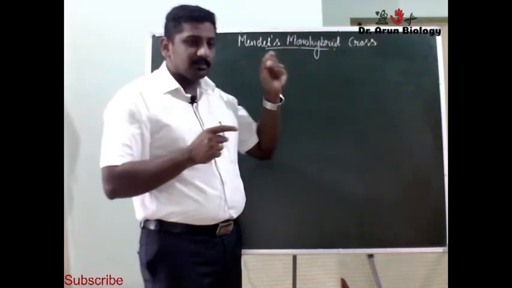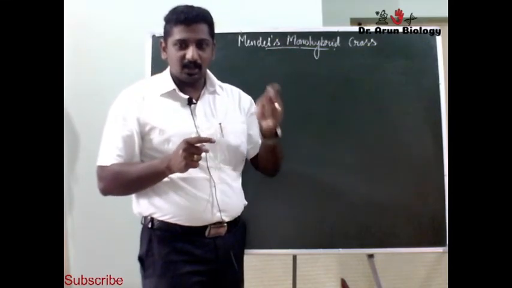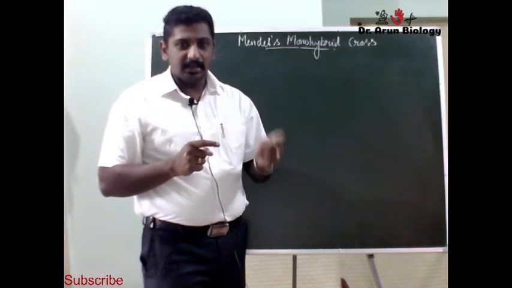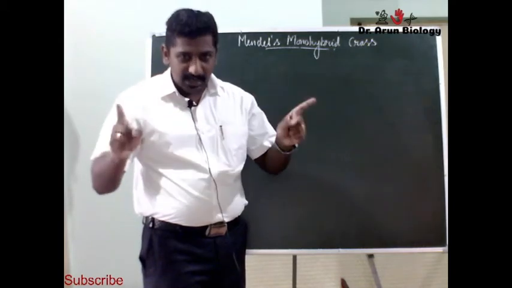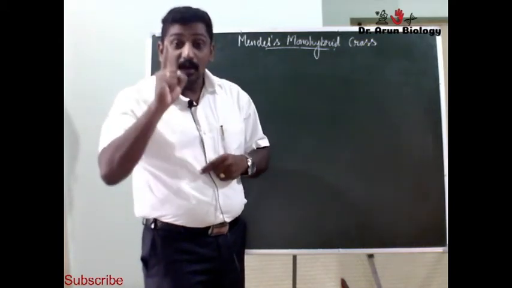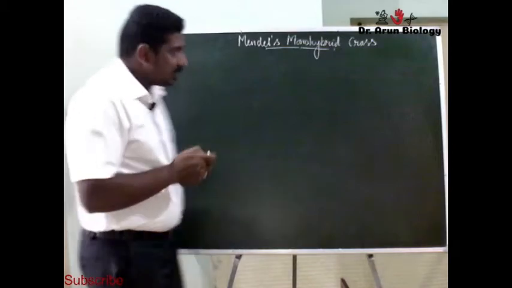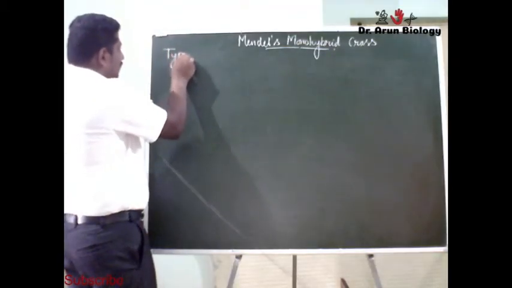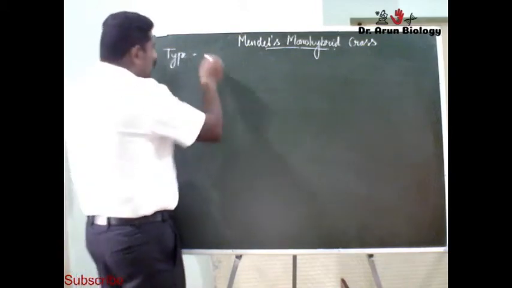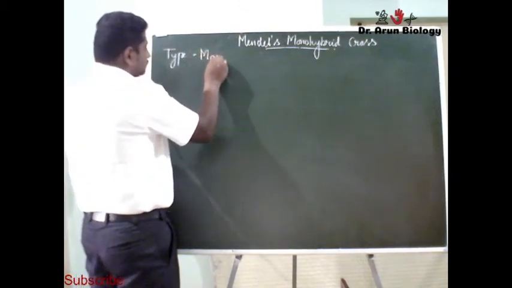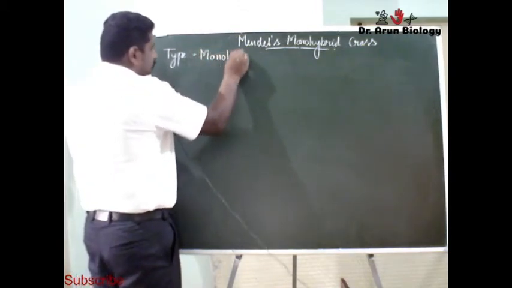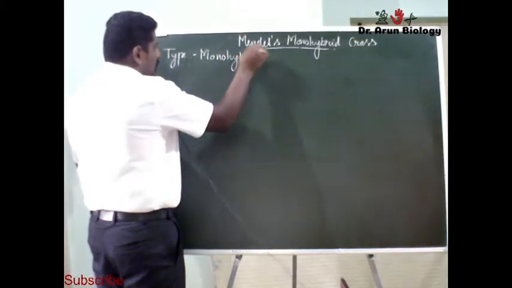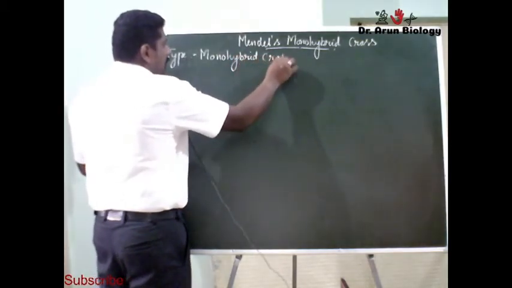So a monohybrid cross is nothing but a cross performed by crossing two plants differing in one contrasting character. Therefore, the type of cross that we are going to discuss today is the monohybrid cross.